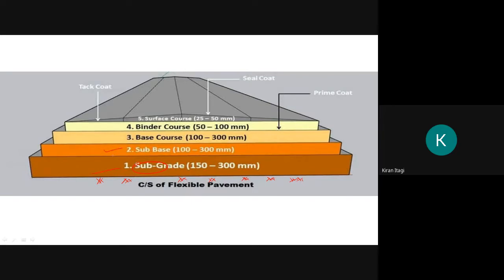The second layer will be the sub base, above which we have a base course, binder course, and surface course or wearing course or wearing surface. Remember the different types of layers: first the subgrade, sub base, base course, binder course, and wearing course. The thickness will be greater at the bottom and goes on reducing at the top.